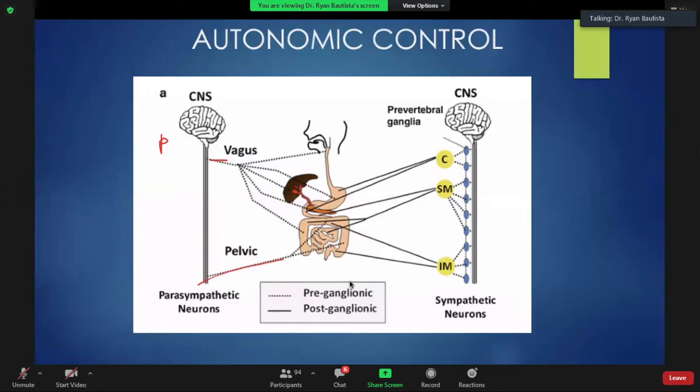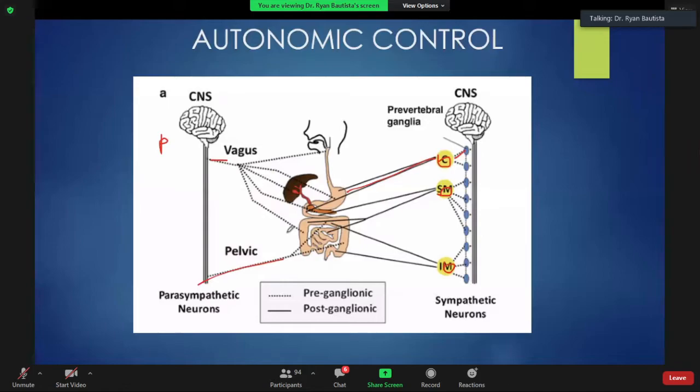Your CNS sympathetic goes to the ganglia of the celiac, superior mesenteric, and inferior mesenteric, the innervations of your sympathetic nervous system. I hope you remember that in sympathetic, they have a short preganglionic and a long postganglionic fiber, while parasympathetic has a long preganglionic and short postganglionic. Okay, if you still remember that.